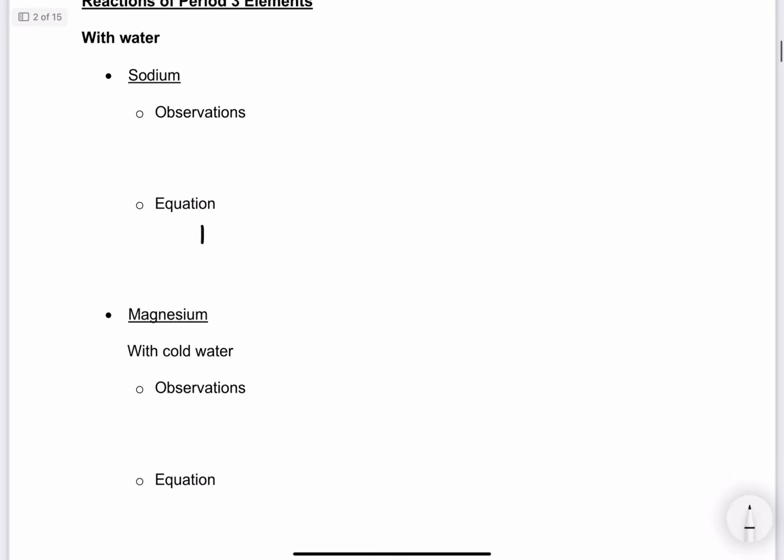So from GCSE, group 1 metals react with water to produce the metal hydroxide, so in this case NaOH, and hydrogen gas. And we would just need to balance that equation.